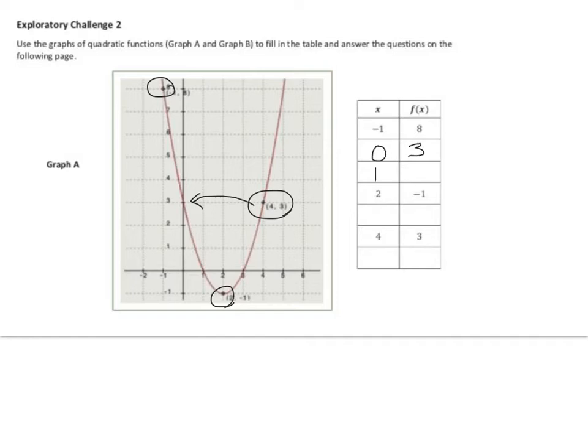And then where are we at 1? 1, 0, 2, -1, 3, 0, and 4, 3. What's 5? 5 is not a point that we can read, so let's do, actually it is, sorry, 5, 8.